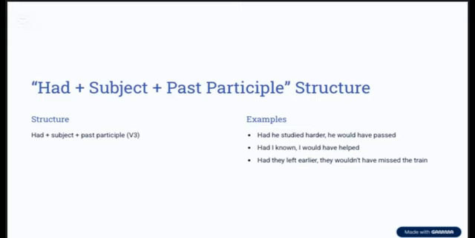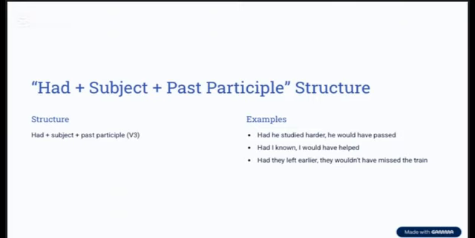He didn't study harder, and therefore he failed his exam or something. Since we cannot change our past, we tend to use that hypothetical structure in English. The person used had, he is our subject, and studied is the past participle.